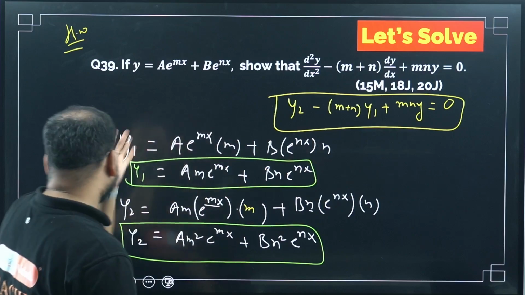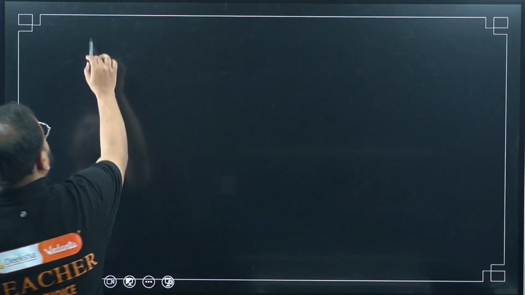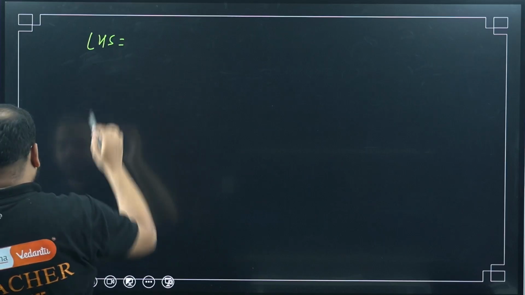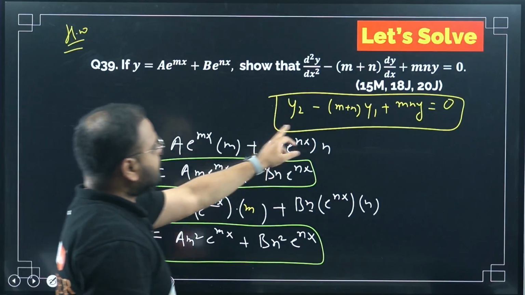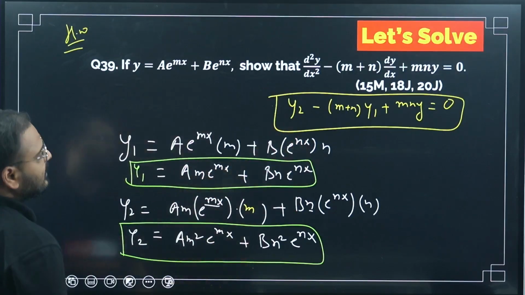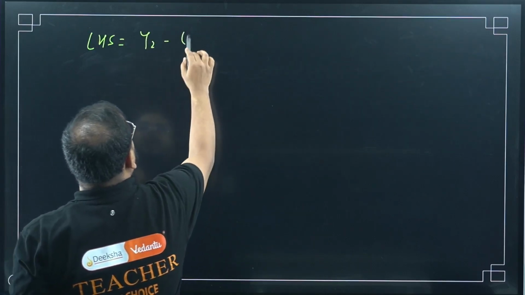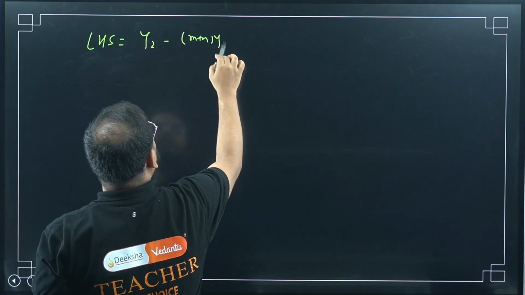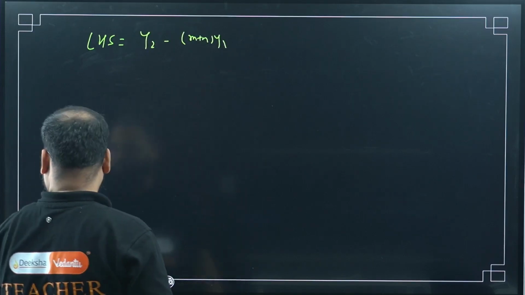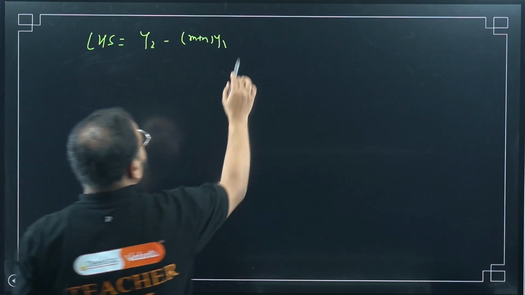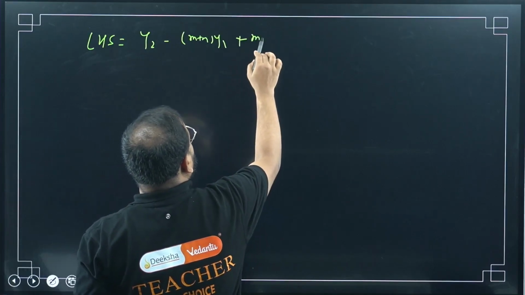So take the LHS. What are you going to do now? Take the LHS, and in the LHS part use the y2 and y1 values. What is the LHS? y2 minus m plus n y1 plus m n y.